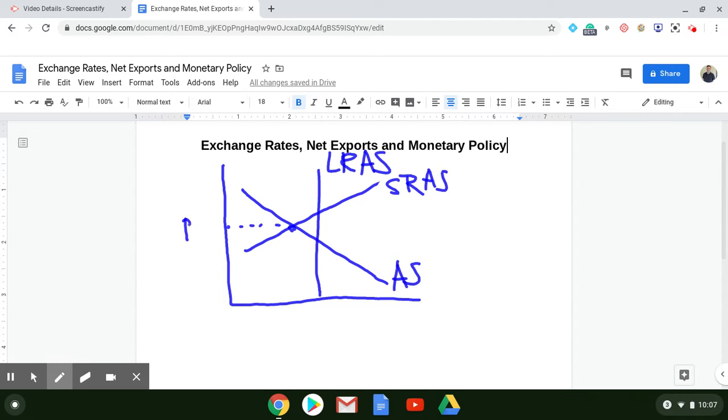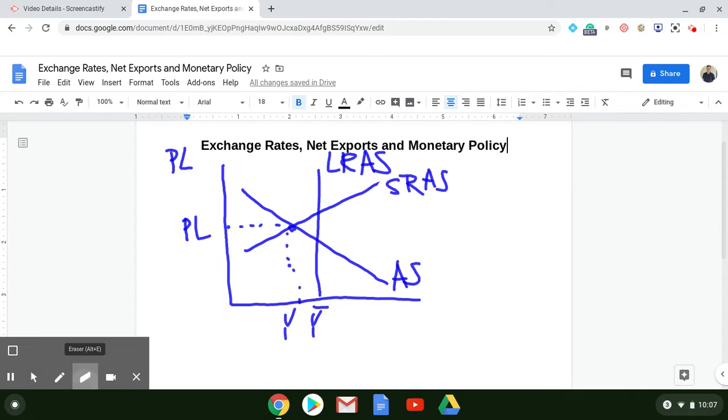We've got some sort of price level right here, and we've got an output that is below the potential output, meaning that the economy is in a recession.